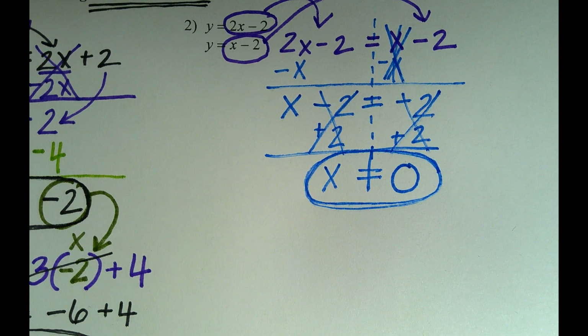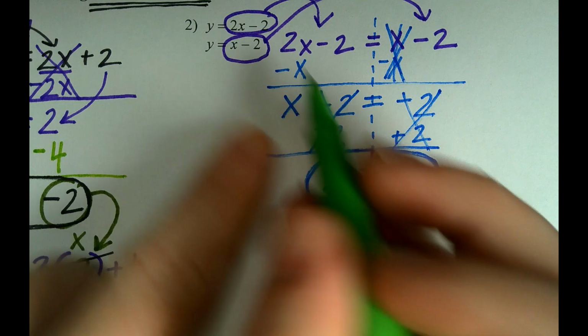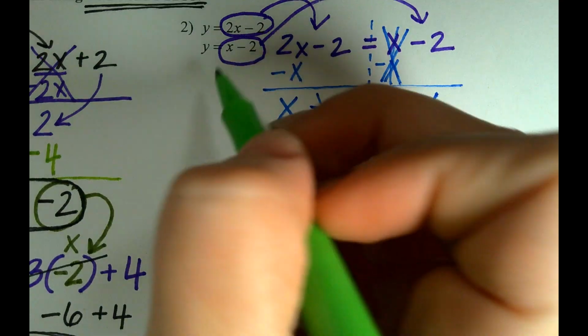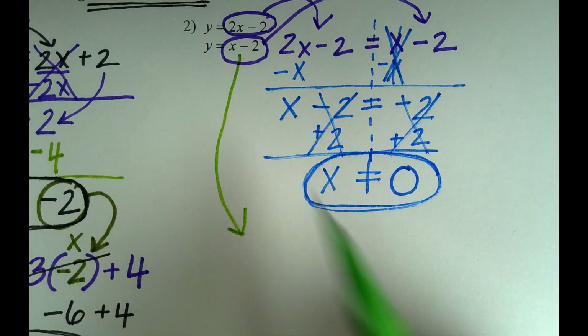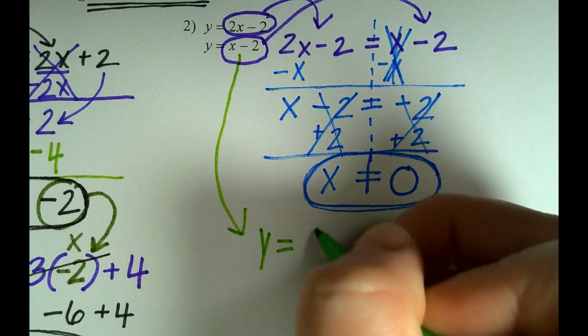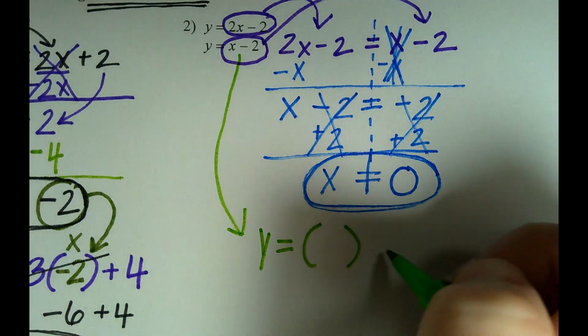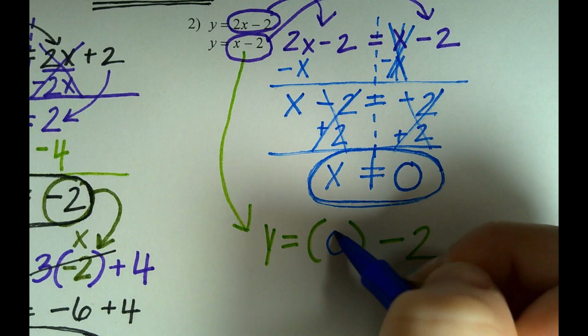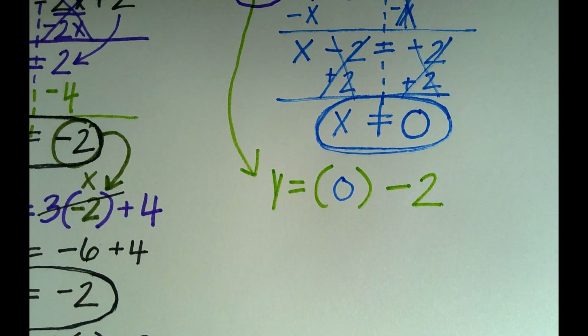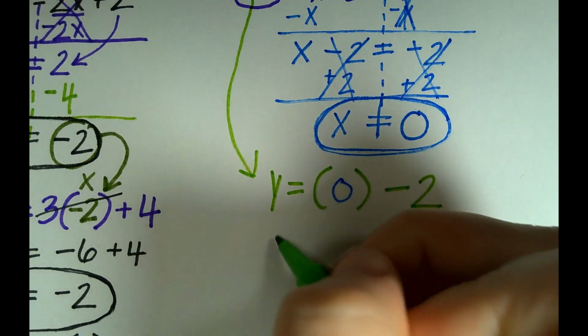So now that we have our x, how do we solve for y? Plug the x in for one of these equations. So I'm going to use the bottom one because it looks a little easier. y equals x minus 2. And since I found out that x is 0, I'm going to put 0 for x. What do I do next?